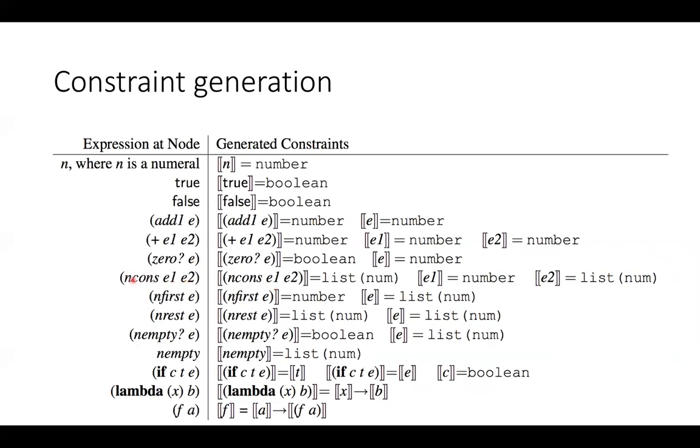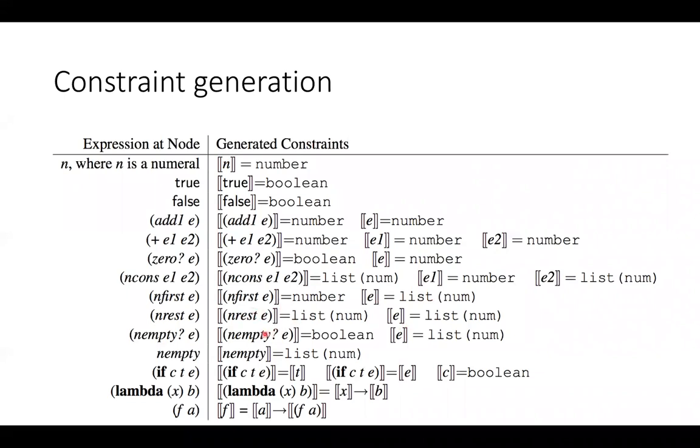So here's the cons operator for a number list. If we ever call ncons, then we know that the result has to be a list of numbers, the first thing has to be a number, and the second thing has to be a list of numbers. If we call nfirst on something, the result will be a number, and the argument has to be a list of numbers.